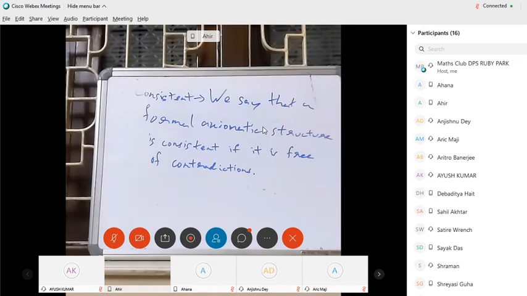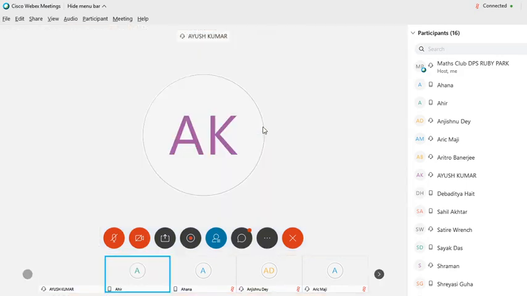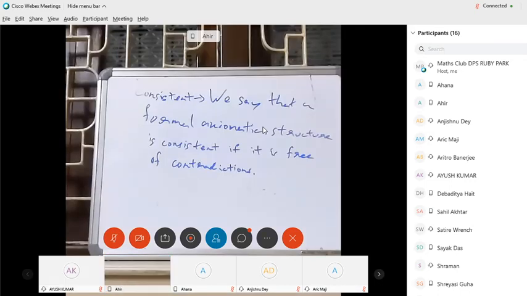Without laws there would be total anarchy, right? India has the constitution, without which we would have complete chaos. Similarly, Zermelo-Fraenkel set theory is free of contradiction, and yes, it is a consistent system.